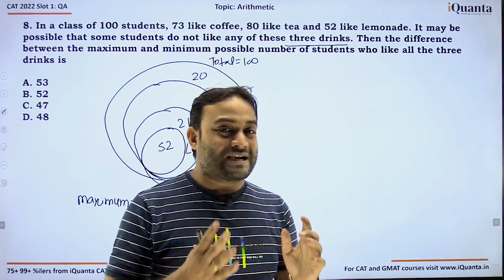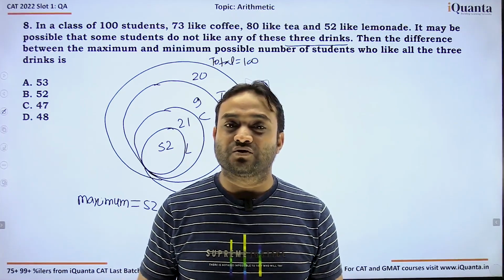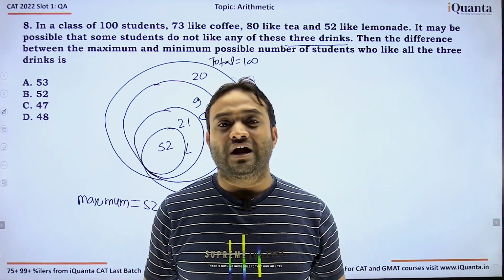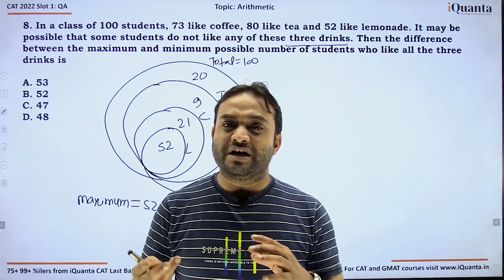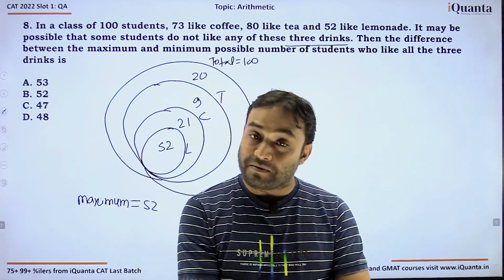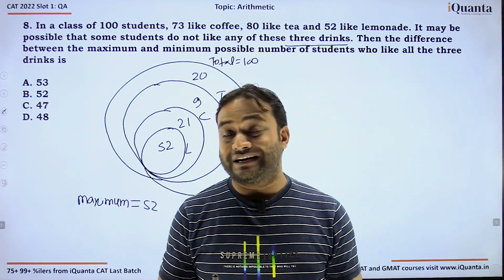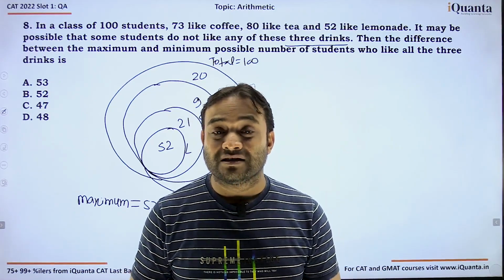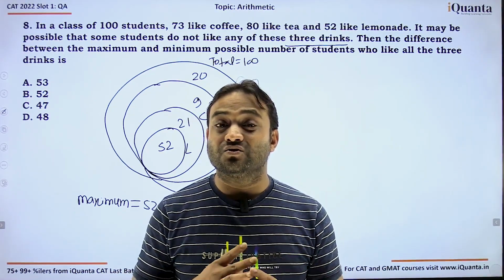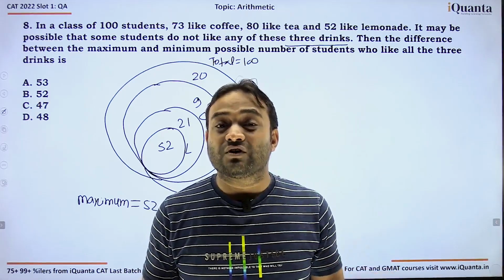If we want the minimum number of students who like all three drinks, can we maximize the number of students who do not like at least one of the drinks?